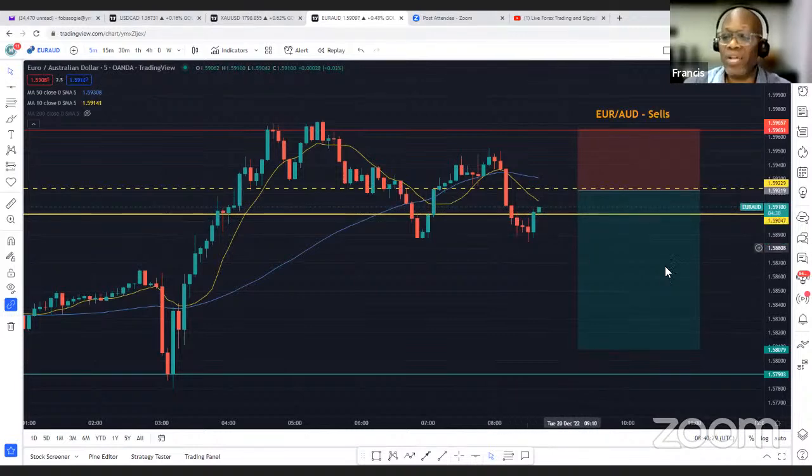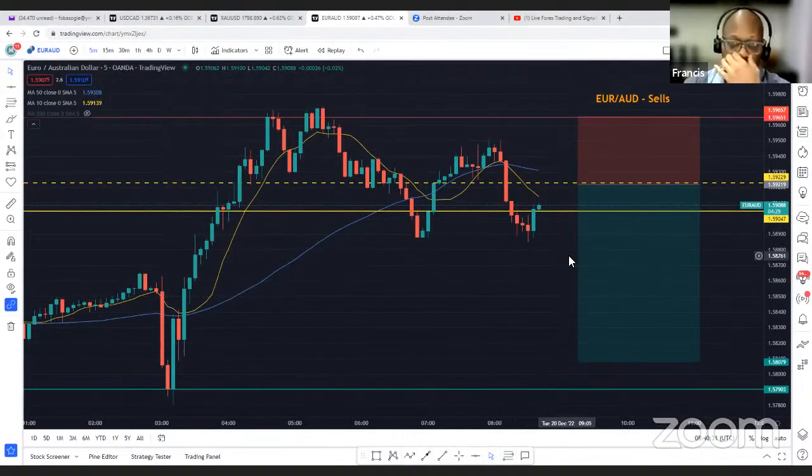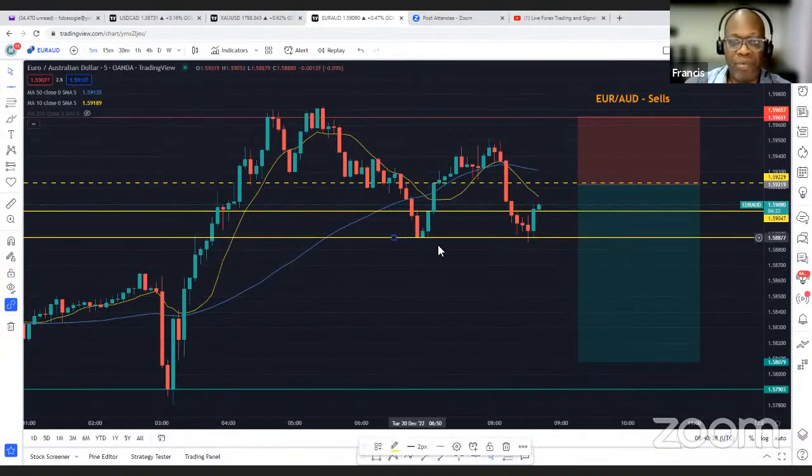One of the reasons why I did not enter the trade a while ago is because of this previous low. Like I said, as a trader, you need to respect support and resistance, or if you like, swing highs and swing lows.